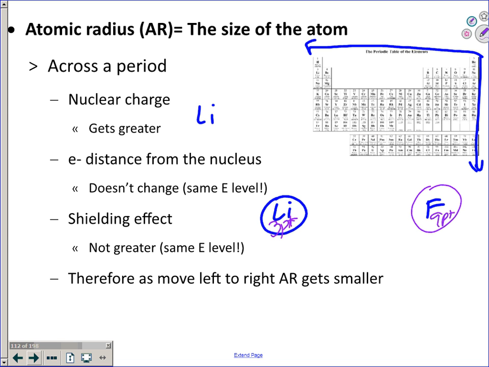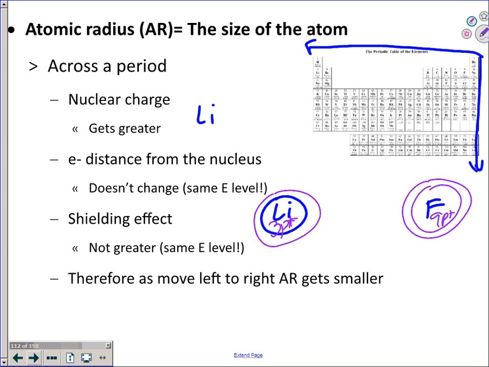So what does that 2 in the front mean about its number of energy levels? 2, right? So I'm going to draw that as the first energy level, and I'll draw this as the second energy level. Fluorine, same story, right? 1s2, 2s2, but 2p5. It doesn't matter that it's 2p5. It just matters that we are still in the second energy level. They have 2 energy shells just like this one does.